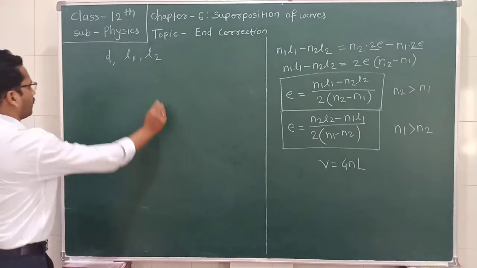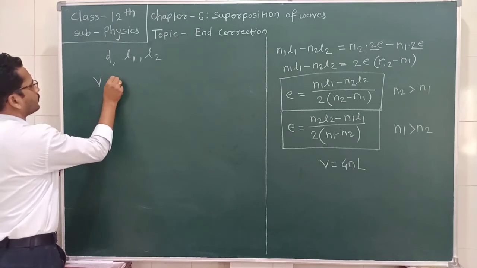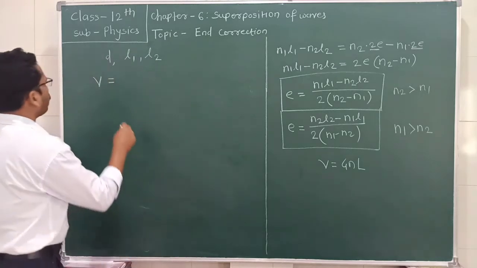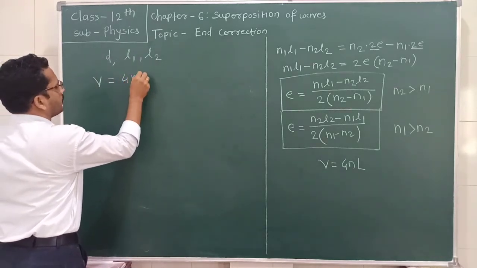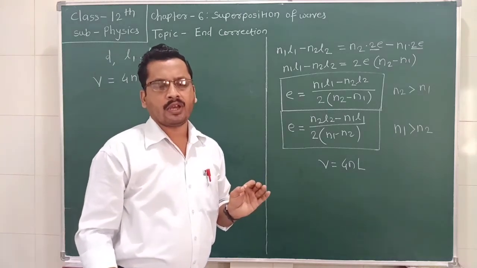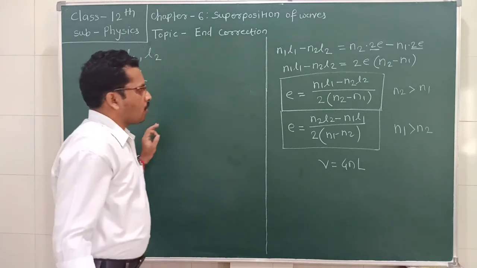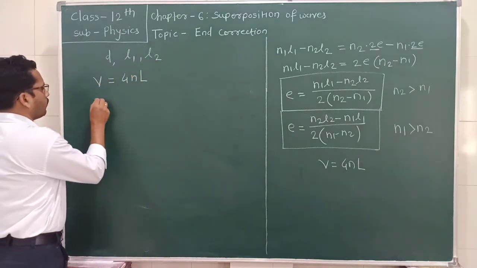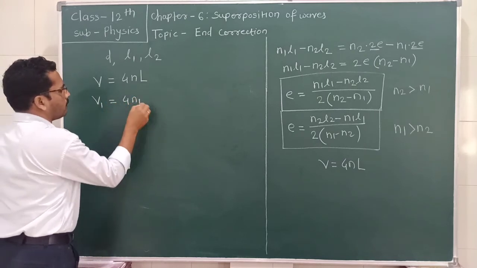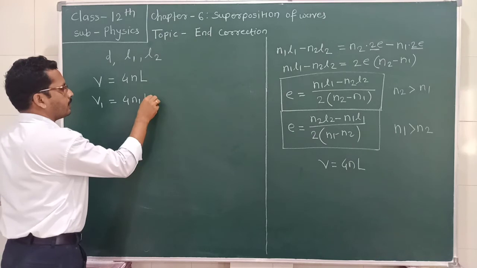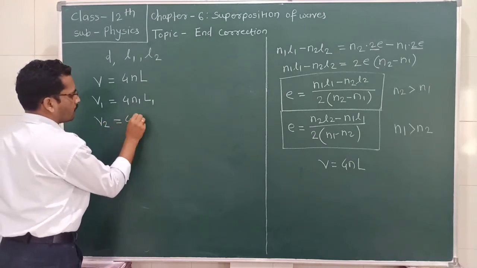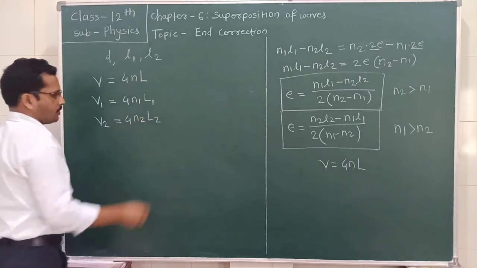Therefore we know that the velocity of sound in the case of a pipe which is closed at one end, v is equal to 4nL, where this capital L is the effective length of the air column. Okay, now for the first pipe we can write v1 is equal to 4n1 L1, and for the second pipe we can write v2 is equal to 4n2 L2.